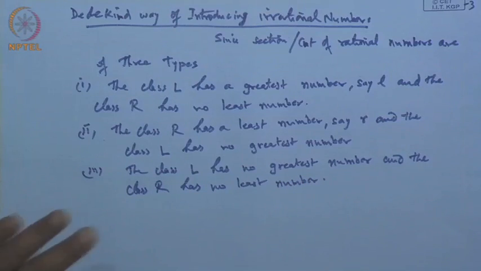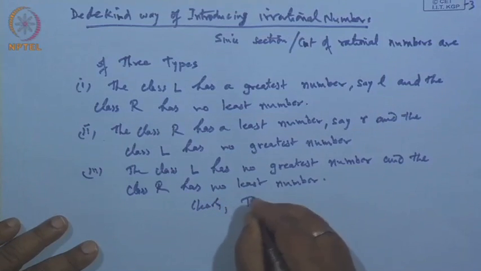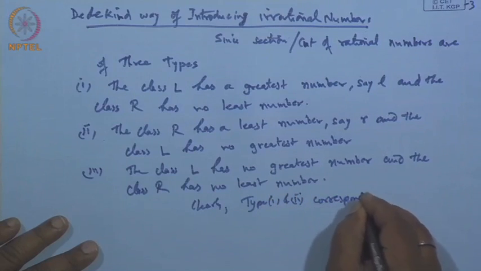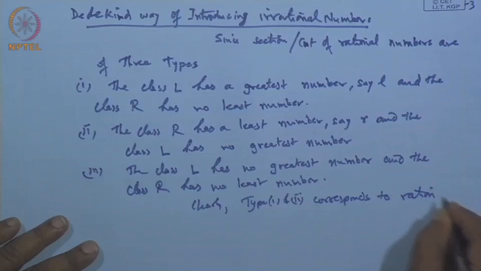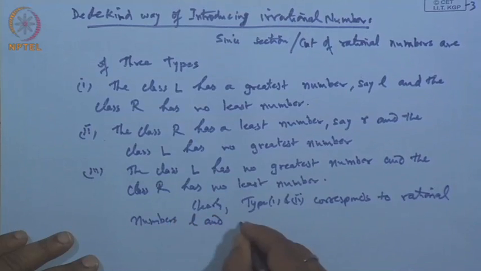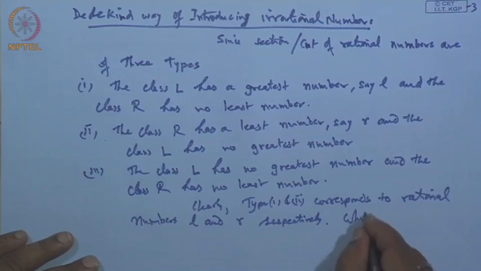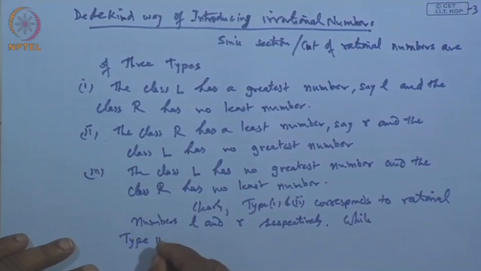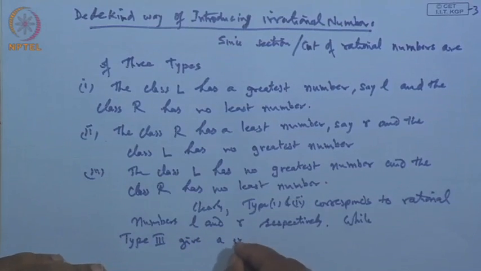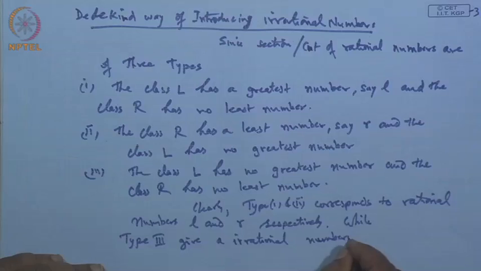Okay. So, clearly, types 1 and 2 correspond to rational numbers l and r respectively, while type 3 gives an irrational number, or corresponds to an irrational number.